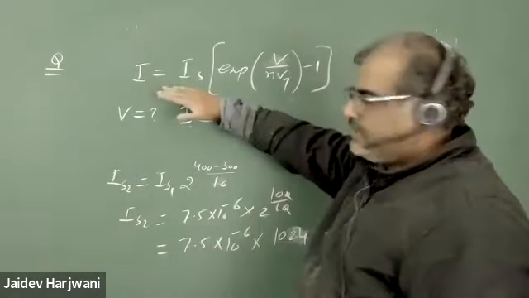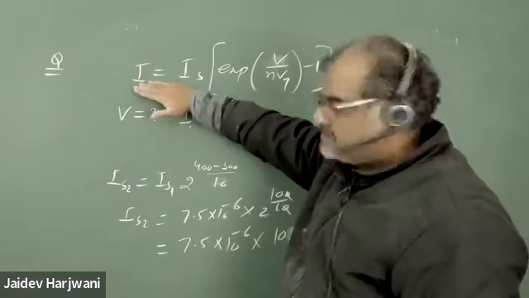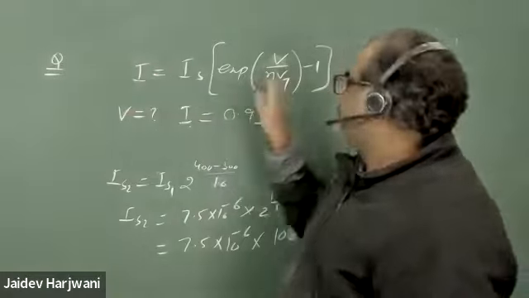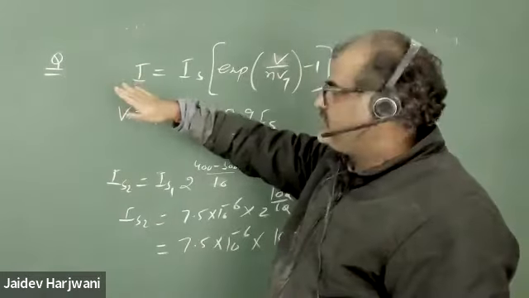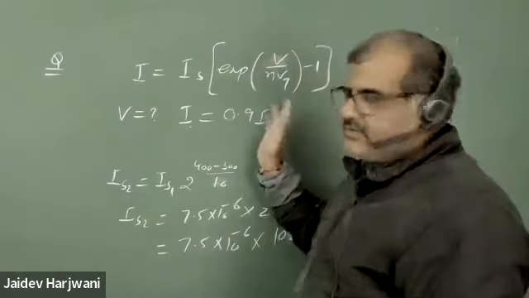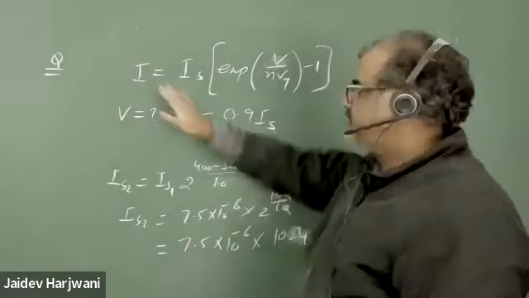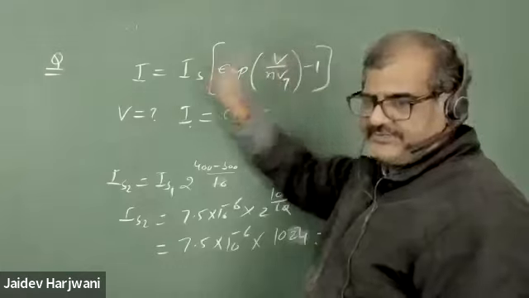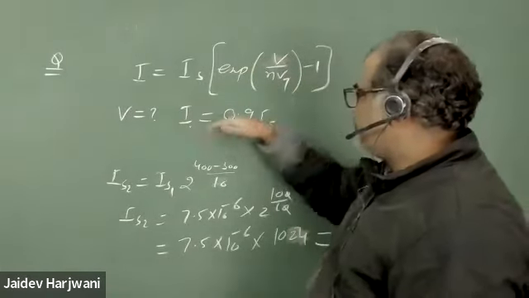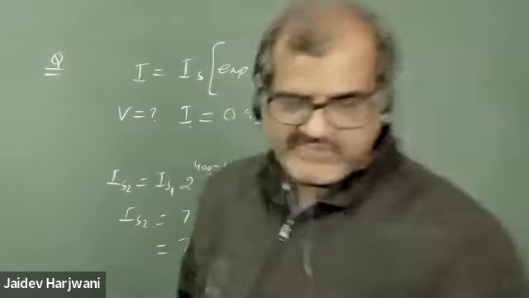Whenever you have been given a reverse current value, you put it with a negative sign, and the voltage will automatically become negative. Similarly, if you put voltage negative here, your I will automatically become negative. So when you're calculating for reverse voltage, don't put a minus sign on both sides. This is for forward: forward we know V is positive, I is 0.9 IS. You can find the voltage value now.